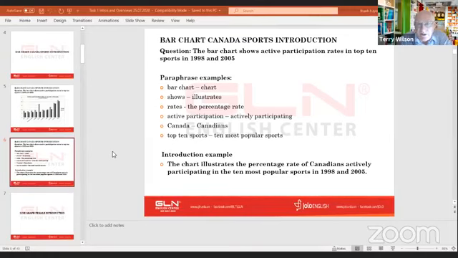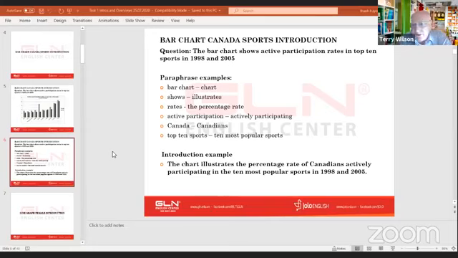This question has active participation rates. So we can change rates to the percentage rate.